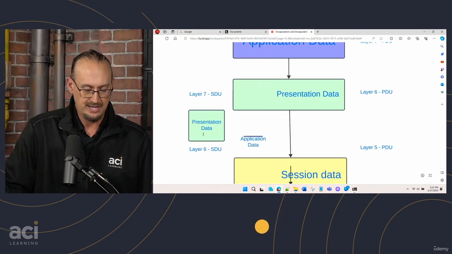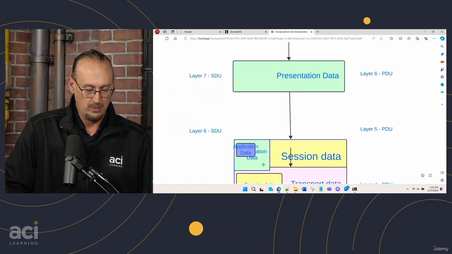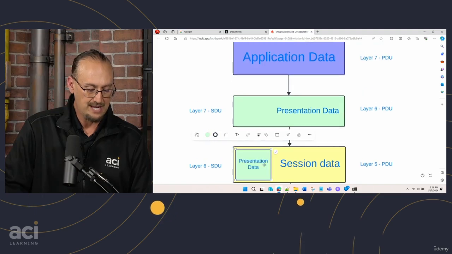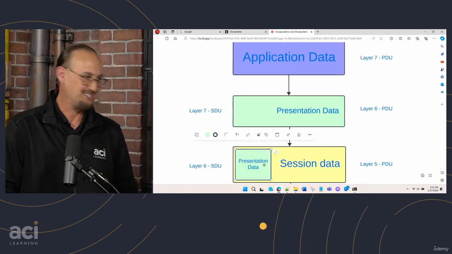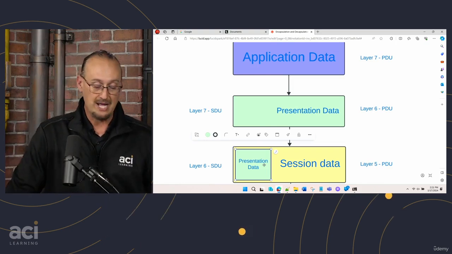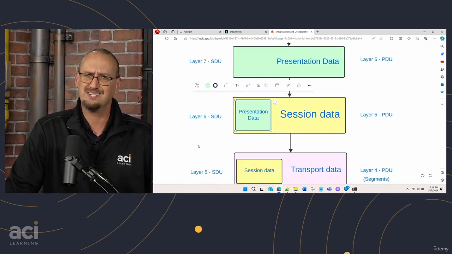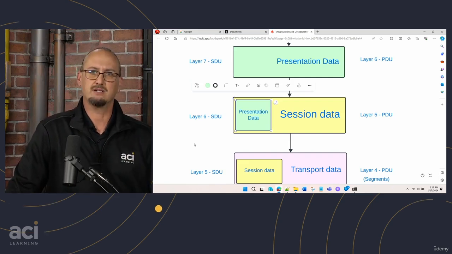So you could say that when we hand that presentation data down, it kind of looks like this, okay. But we don't need to do all that. I didn't do all of that because at the end of the day, the session layer is only aware of the presentation data. It's only aware of that layer before it. So that's what's happening. And really, we're just doing this over and over again, right?